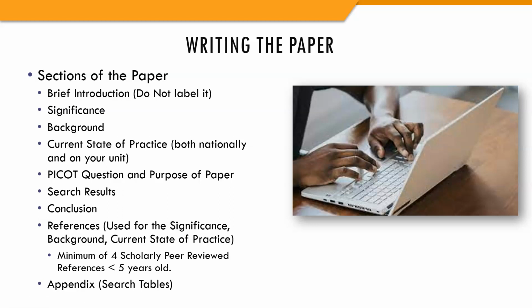They have to be less than 5 years old, so anywhere from 2017 to 2022, or if you happen to find a 2023 article, all the better. The appendix, that will contain your search tables. No articles from that research search, okay, are to be found in your references.